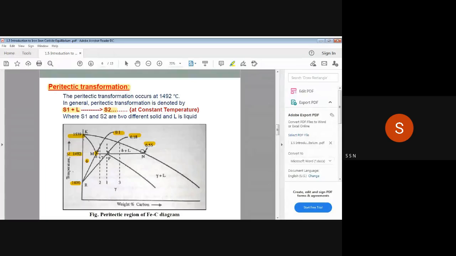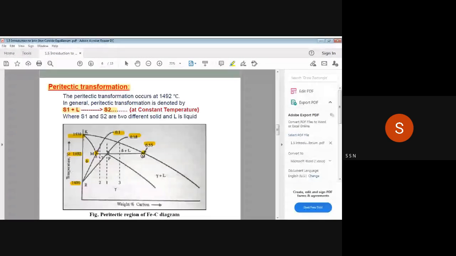And at 0.55% of carbon and at the same temperature 1492 degrees Celsius, the phase will be liquid, because above this all phase will be liquid. Again, at less than this percentage of carbon and above a certain temperature, the phase will again be solid, that is delta. So if you consider this constant temperature 1492 and the percentage of carbon is varying, at 0.1% it will be solid, at 0.55% it will be liquid.